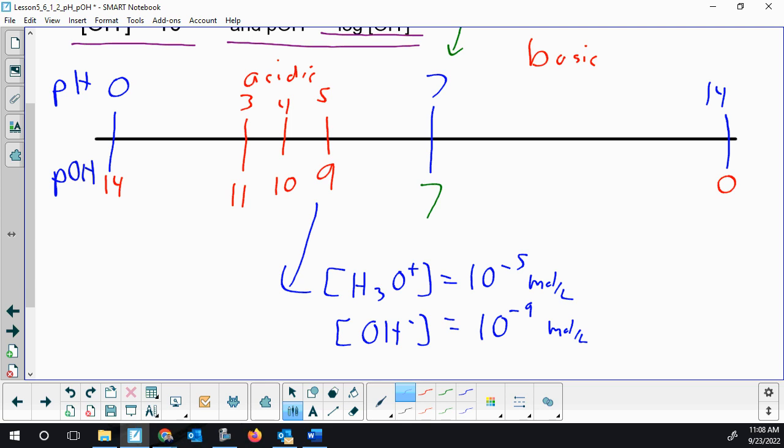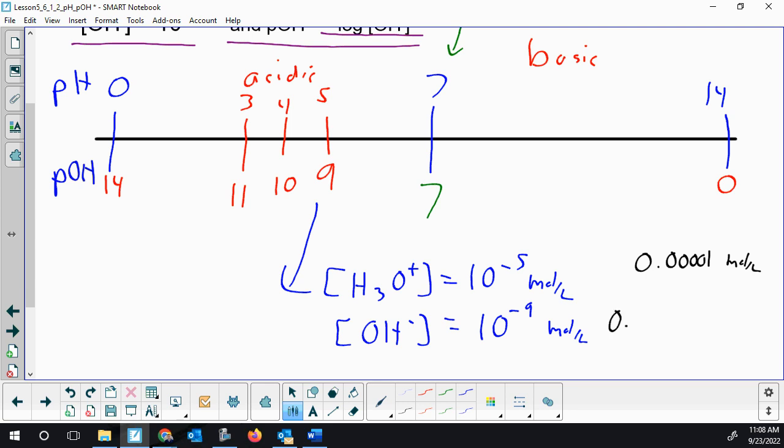And this is where even in an acidic solution, we have hydronium, we have hydroxide, but 10 to the minus 5 is a way bigger number than 10 to the minus 9. Okay? There's way less zeros. If that statement confuses you, if I switch it to a decimal, that's the hydronium concentration.